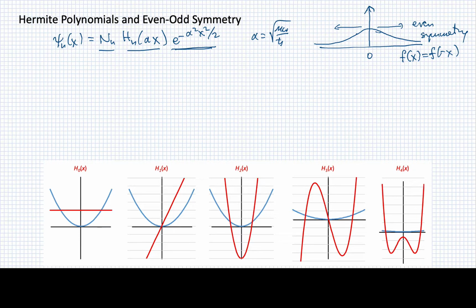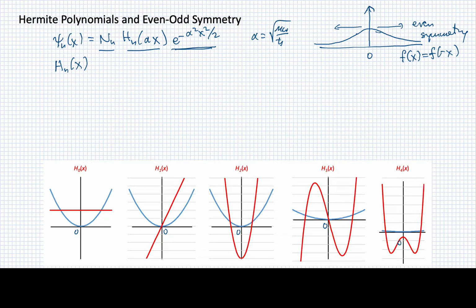What about the Hermite polynomials? There's no simple formula to write them down, but I've drawn the first few of them here at the bottom. And what I've done is drawn axes where x equals 0 is right here in the middle, so you see a vertical axis that marks where x equals 0 is.